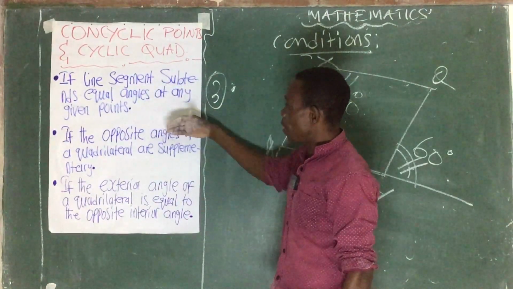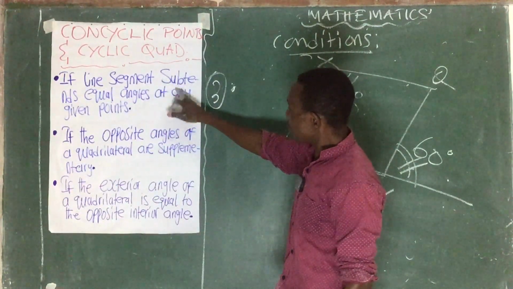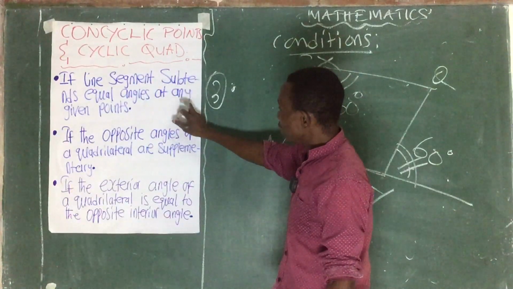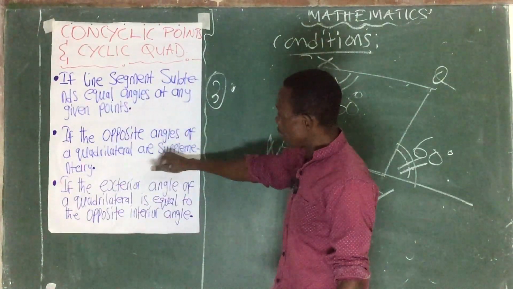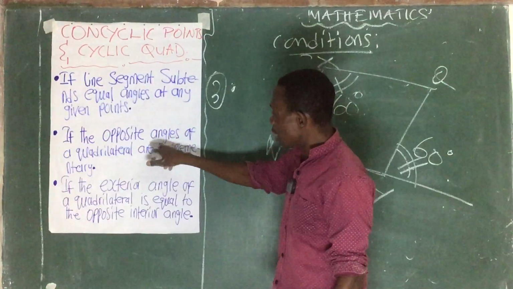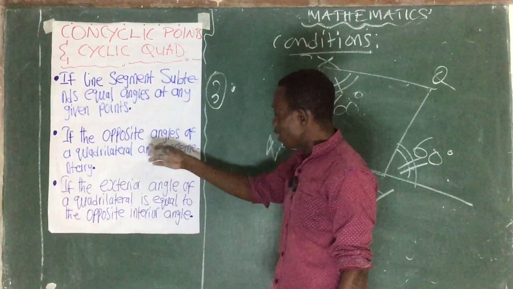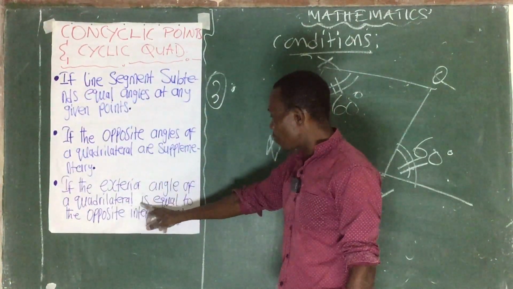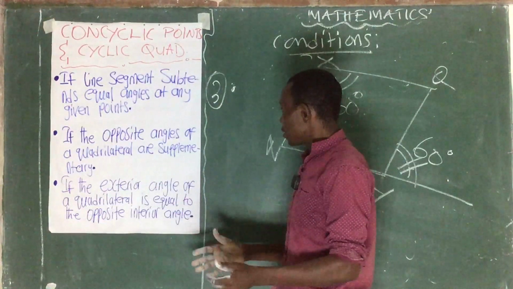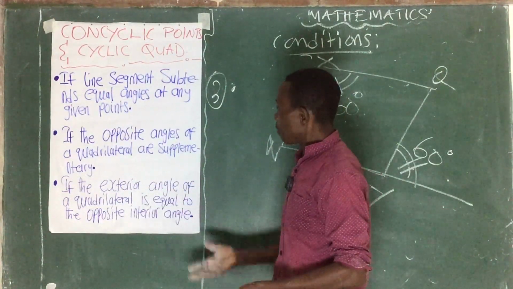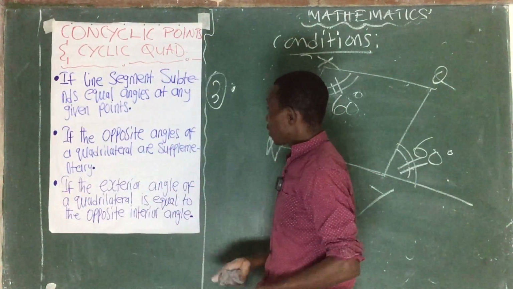Do they satisfy a particular quadrilateral? Line segments subtend equal angles at any given point. It doesn't work. Check for this one. Opposite angles are supplementary. It doesn't work. Then the exterior angle of a quadrilateral is equal to the opposite interior angle. And if all the three do not work, then it means the particular quadrilateral again is not what?